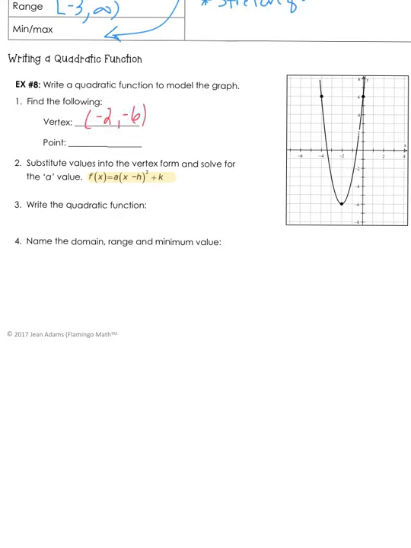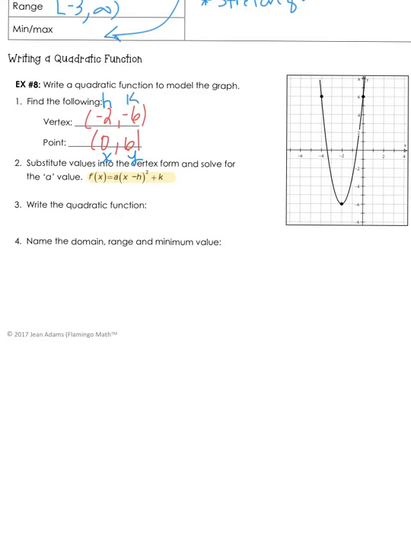And what that gives me is h and k. Now remember, h is always the opposite of what it is. And then you can choose any point you want to. I'm going to choose this point because it has an x value of 0 and a y value of 6. I like that point best. So 0, 6. And so this is going to represent our x value and our y value.